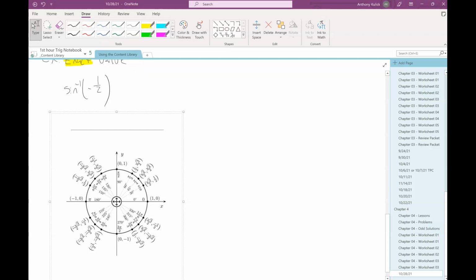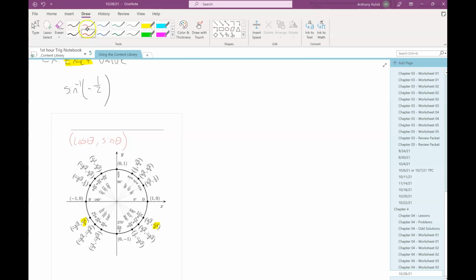Okay. So what I'm going to do is I remember on the unit circle, the x-coordinates are values for cosine theta, and the y-coordinates are values for sine theta. So I'm going to go look on my unit circle for places where the y-coordinate is negative 1/2. So I see one here and one there. Everybody's okay with that?